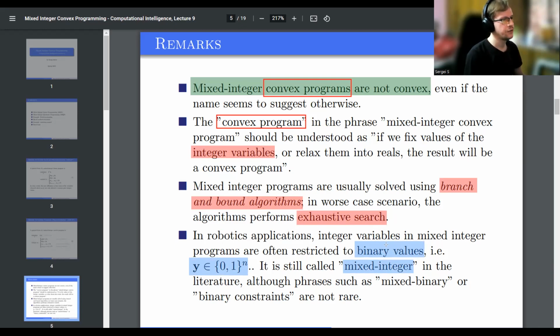Very, very popular thing in robotics. And in robotics specifically, we don't use integer variables, we use binary variables. And of course, in your solver, you would have to check what kind of variable your solver provides, integer or binary.